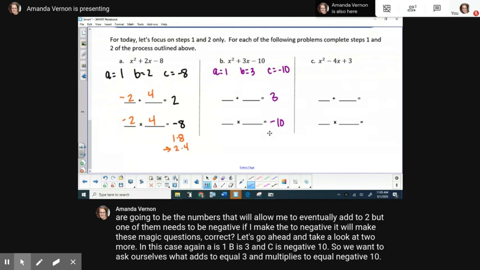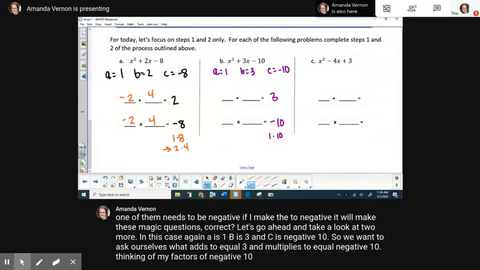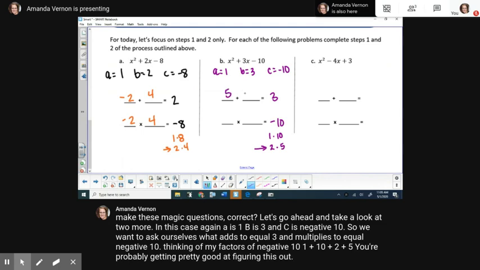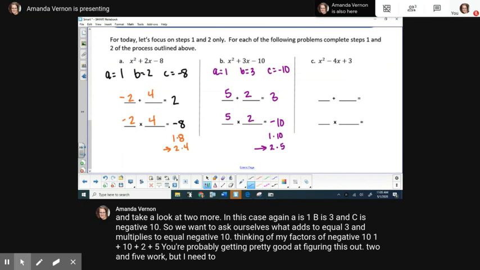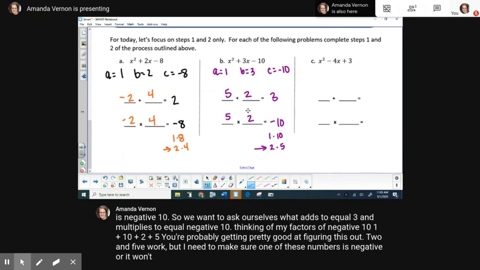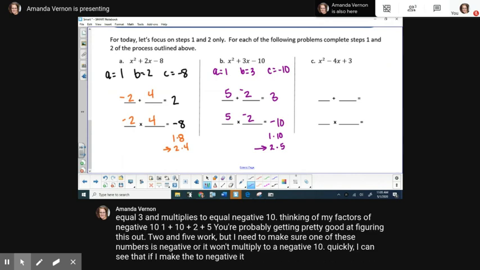Thinking of my factors of negative 10, 1 and 10, and 2 and 5. You're probably getting pretty good at figuring this out. 2 and 5 work, but I need to make sure one of these numbers is negative or it won't multiply to a negative 10. Quickly, I can see that if I make the 2 negative, it makes both of these statements correct.